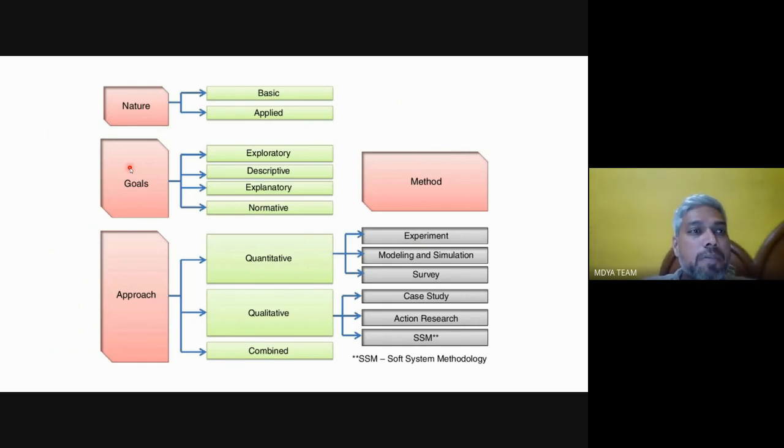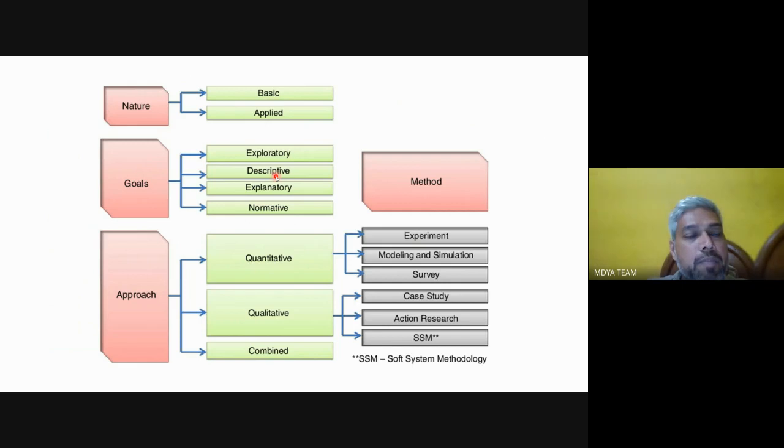Definitely you have a purpose or objective to start the research. So you will use a way to go for your research. Now you have decided I will explore something, like you have a variable which is explorable, so you go for exploratory research.